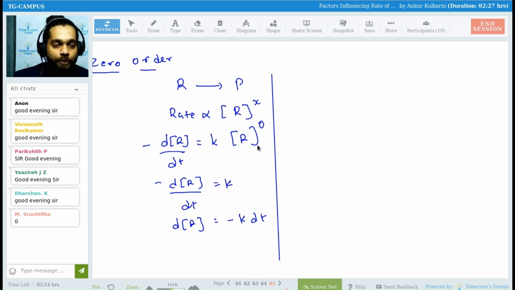The integration of dR is nothing but concentration of R, minus K as it is out, and the integration of dt is nothing but T plus I.